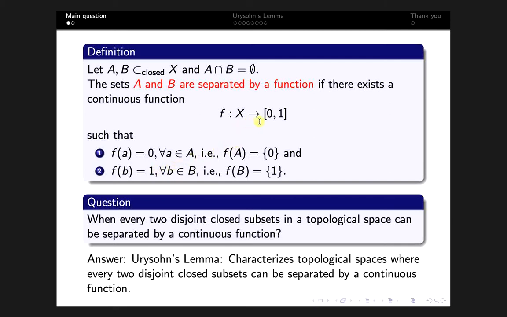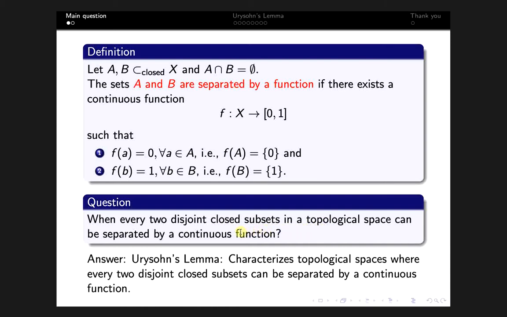Note that the codomain, the closed interval [0, 1], is a subset of the real line, and on the real line we consider the standard Euclidean topology, and on [0, 1] we have the subspace topology of the standard Euclidean topology on R. Now the main question is: when can every two disjoint closed subsets in a topological space be separated by a continuous function?